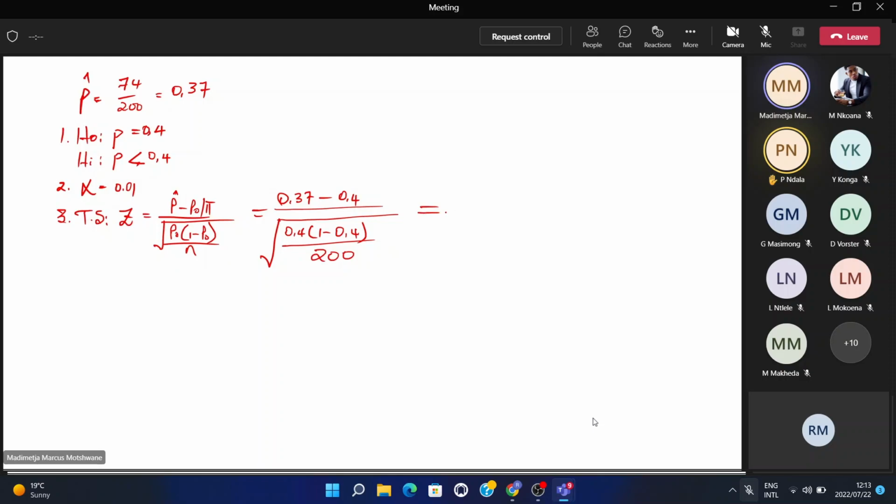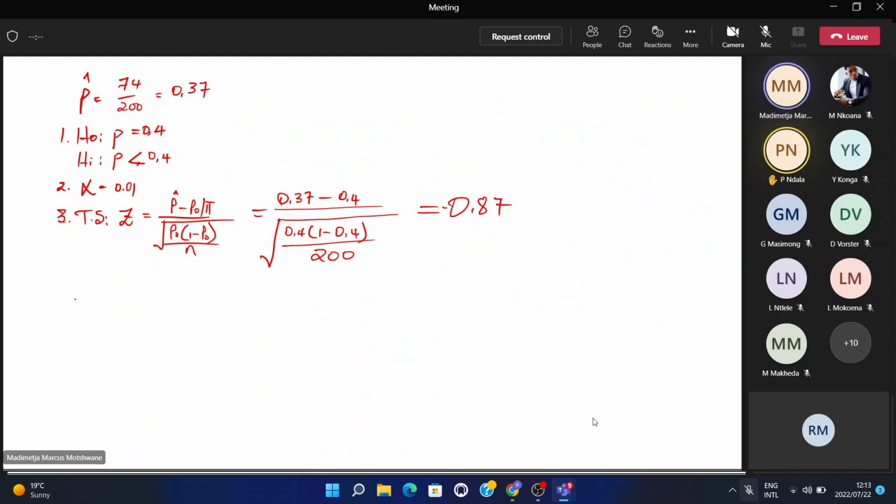And this should give you 0.87. Did you get this? 0.87? It's not negative. Negative, yes, you are right. Correct, negative, that is correct.